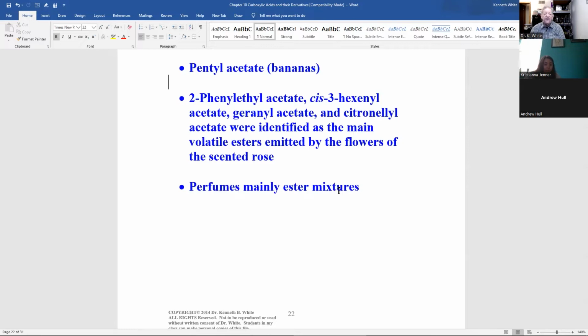All right, so the next time you smell a perfume, what you're smelling is a complex mixture of esters. Now, you've done distillation. How do perfumes work? Well, most women put a little here and a little here, one of the places. Why there?